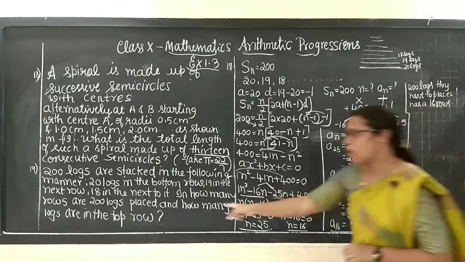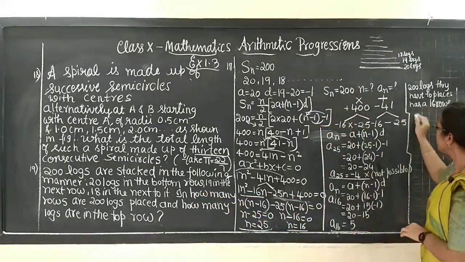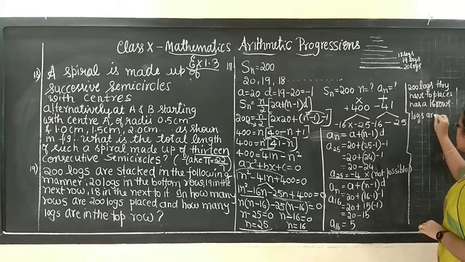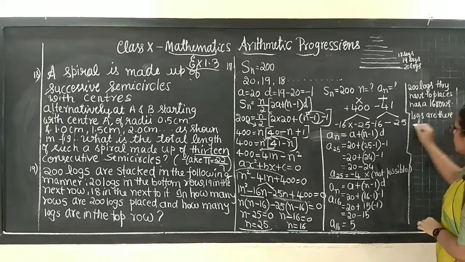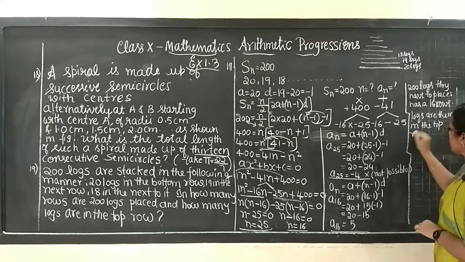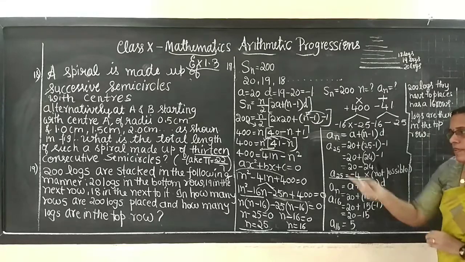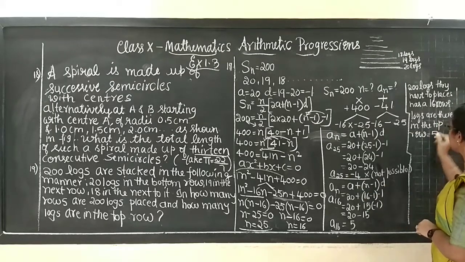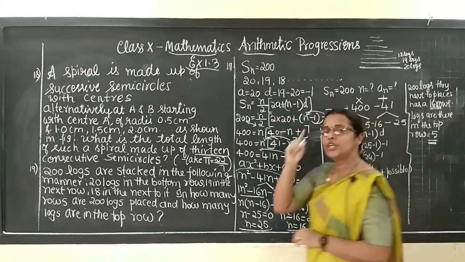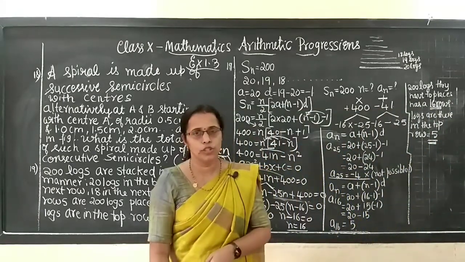And how many logs are there in the top row? In the top row it is 5. Okay, 16 rows are there, 5 logs are in the top row. Okay, that's all about this problem.